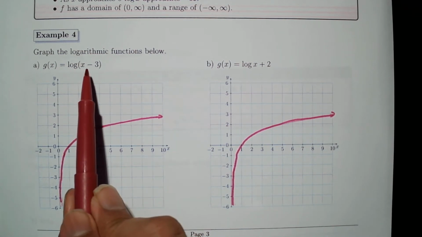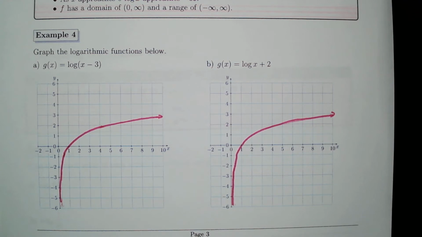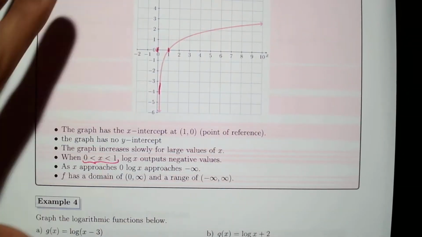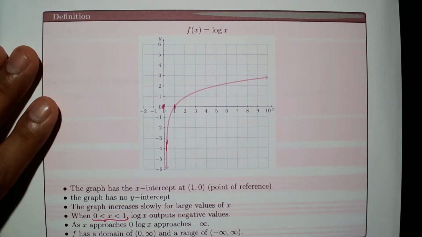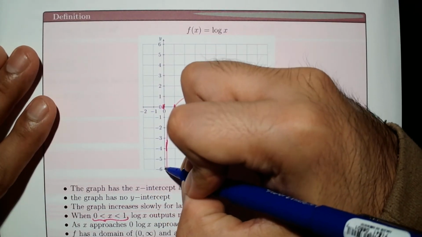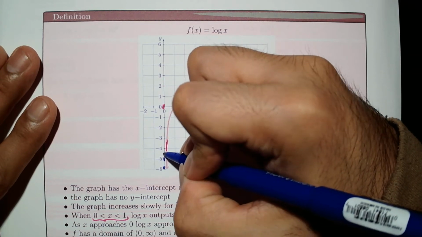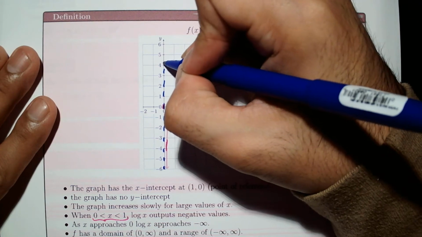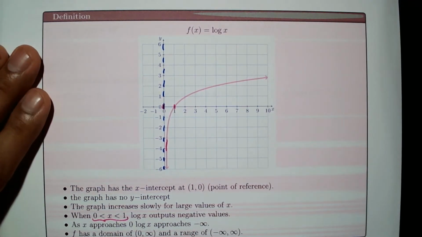However, we're going to do translations in order to see what happens with this function. How does it move? One thing I didn't mention, by the way, is that the function log of x has a vertical asymptote, which corresponds to the y-axis.